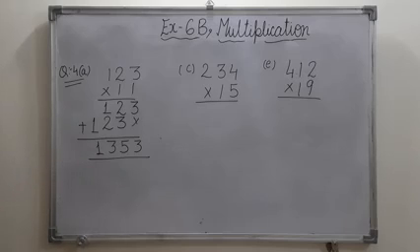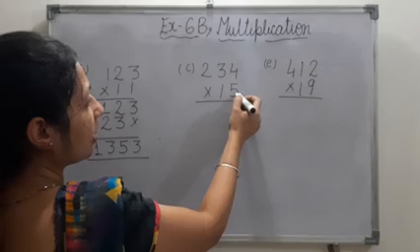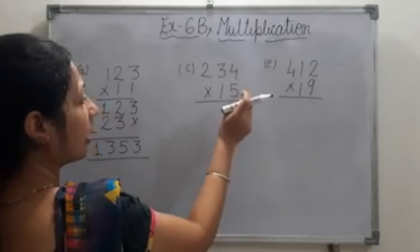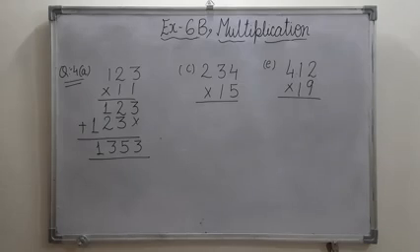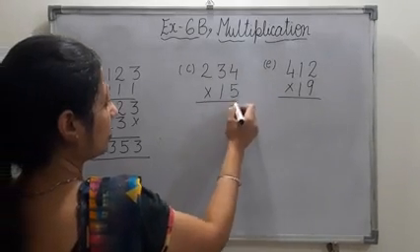Understood? Let's do C part. We have to multiply. Multiplicand is 234 and the multiplier is 15. We have to multiply 234 by 15. 5 4s are 20.